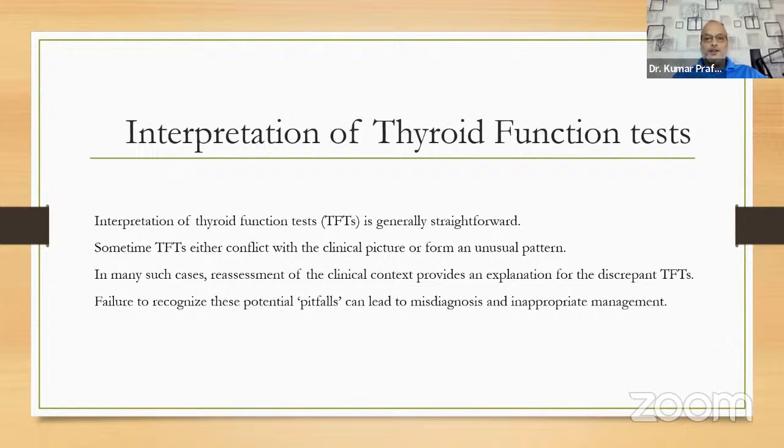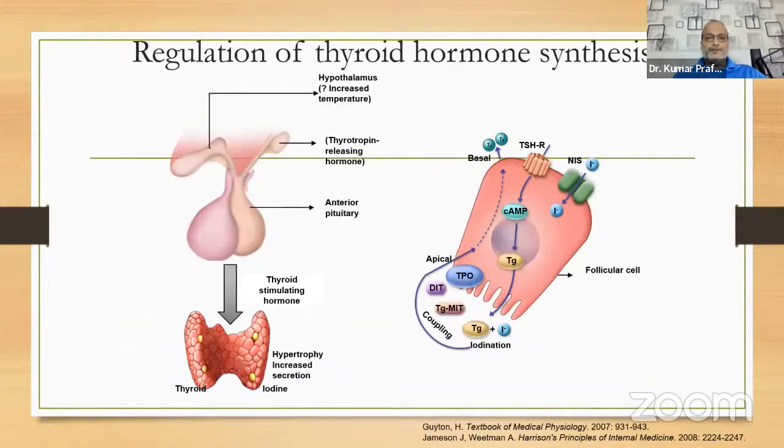And there are certain conditions in which thyroid function test really does not correlate with clinical function, and that is what we call discrepant thyroid function test. Here we need to understand what the potential pitfalls are which can lead to misdiagnosis and inappropriate management. So that is how we will try to understand today's topic.